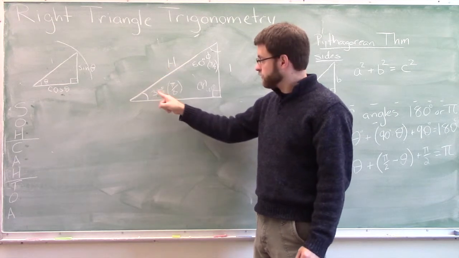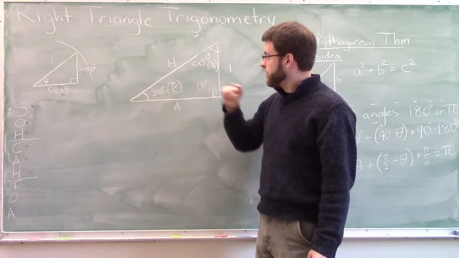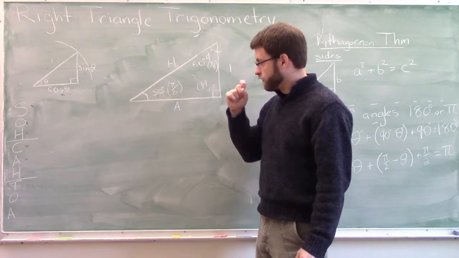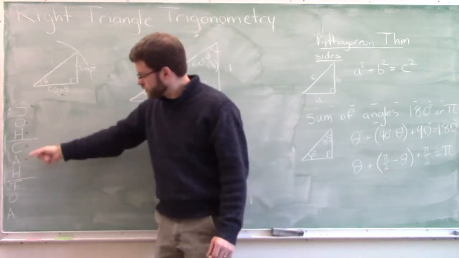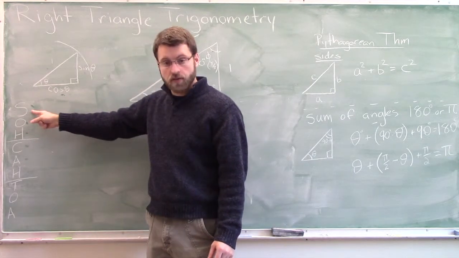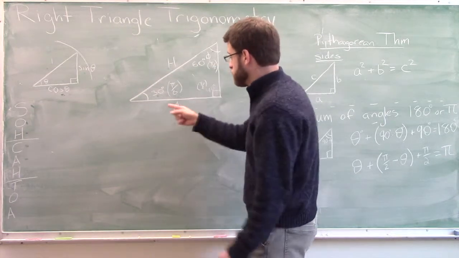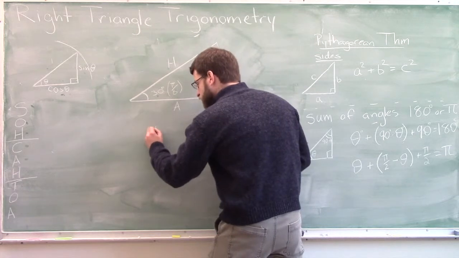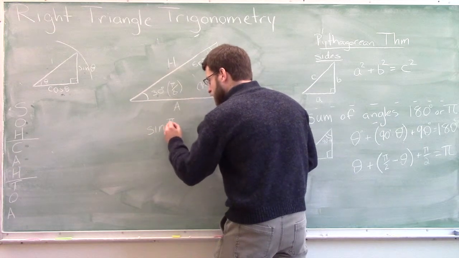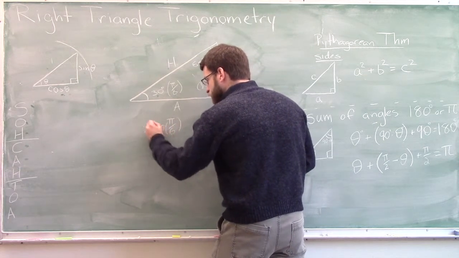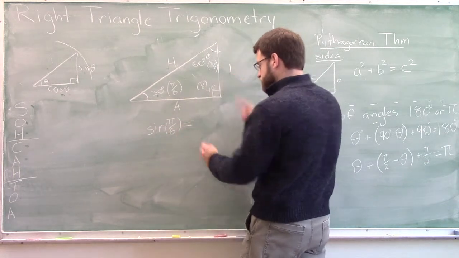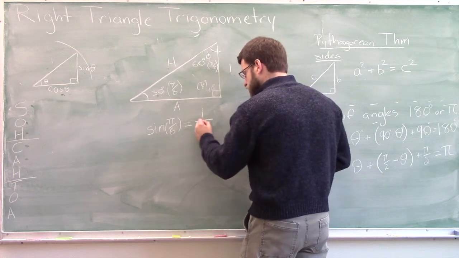The only trig function that connects those two sides is the sine function. So sine is opposite over hypotenuse. We have sine of pi over 6 radians equal to the opposite side, which is a 1, divided by the hypotenuse.